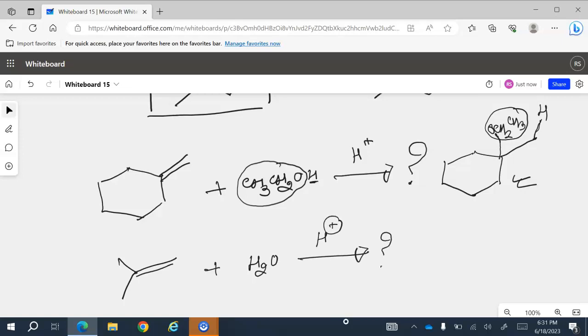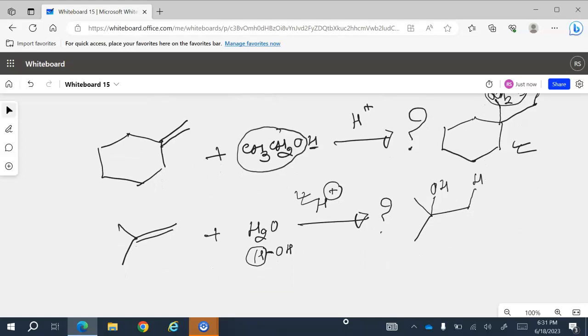Then again, hydrogen and OH are what will be added across the double bond. Hydrogen will go to the carbon with the larger number of hydrogens and OH will be added to the other carbon. But again, this reaction takes place only in the presence of acid catalyst. Okay, so this is about the addition of water and alcohol across the double bond.